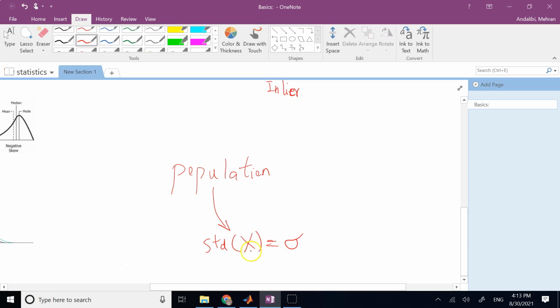For that, you need to have each and every number in that variable x, which means you have to go and measure it from each single member in the population.